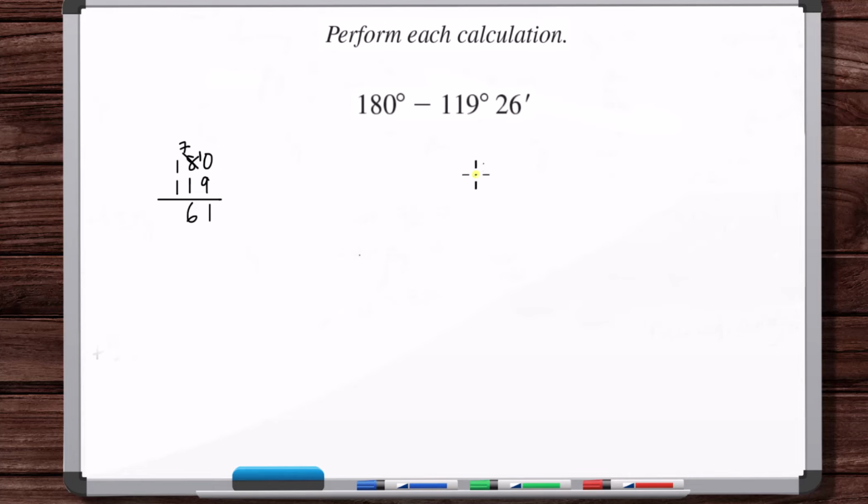So this is going to be 61 degrees minus 26 minutes. Well, okay, we'll have 60 degrees then. And then what's 60 minus 26? That's 36 minutes. Or no, 34 minutes.